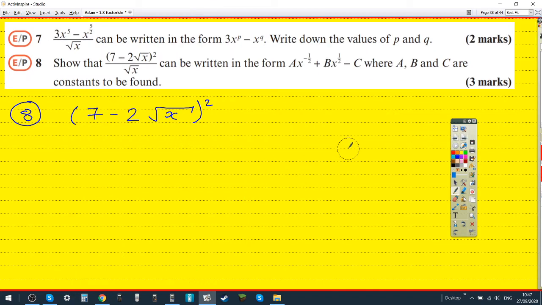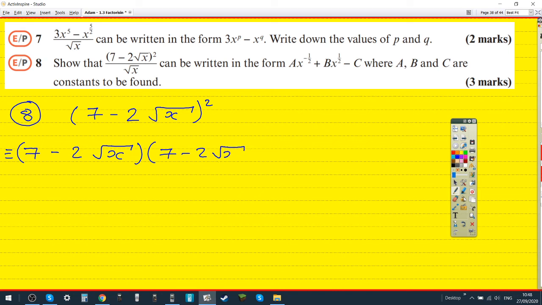Okay, question 8. So it'd be 7 minus 2 root x, and then 7 minus 2 root x.